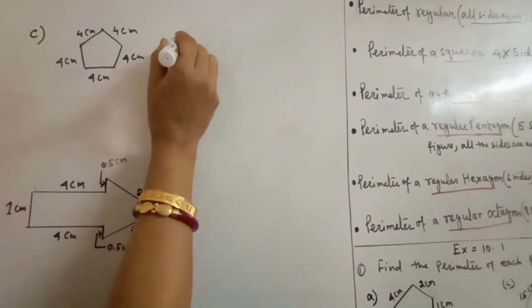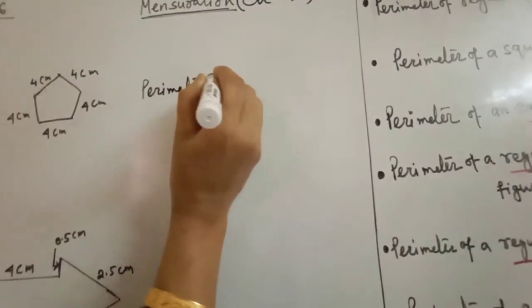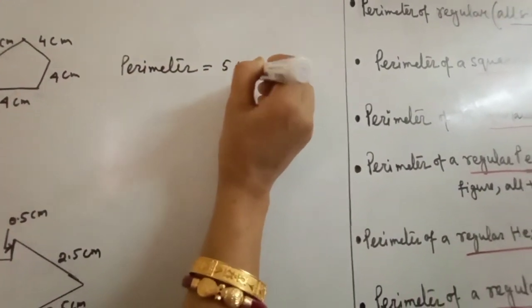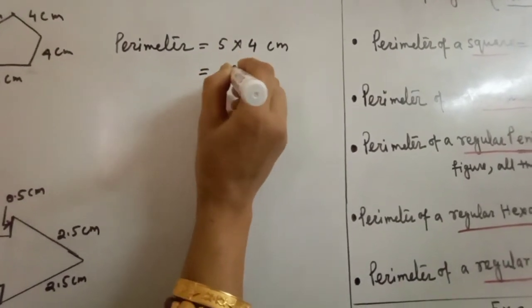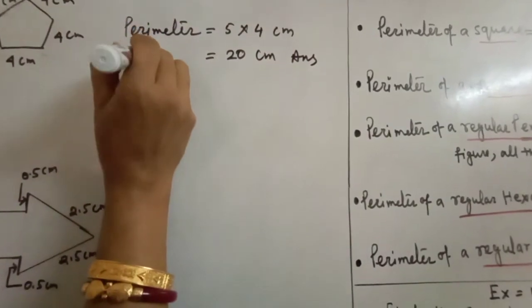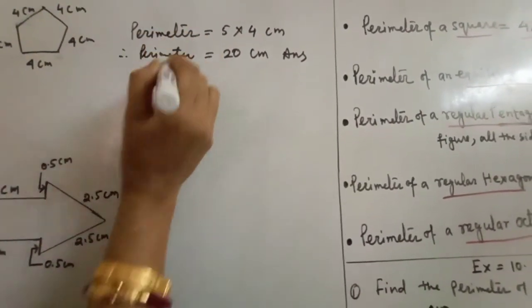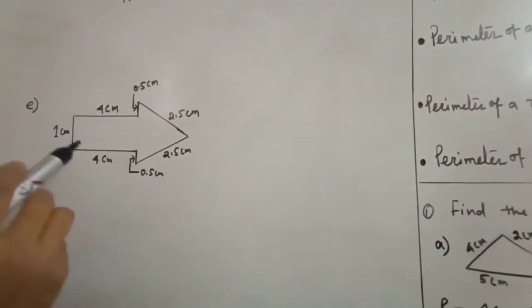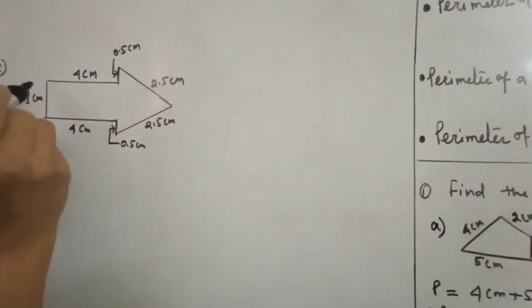So the perimeter of this figure is equal to 5 into 4 centimeter, that is 20 centimeter. Come to the next diagram. Practice this also.